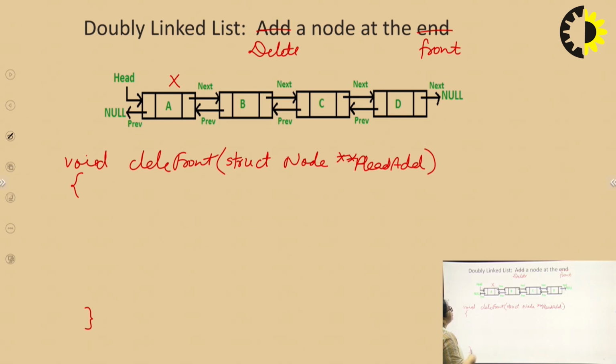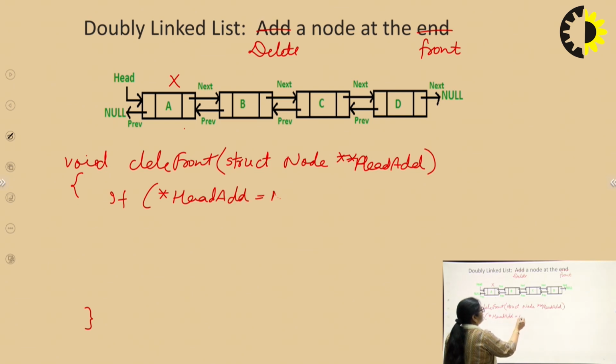So I have to delete this one. To delete it, firstly I have to check: is it empty? If it is empty, nothing is required, we just display a message. So if star head address, meaning the address at star head, is null, it means we are not having any node.